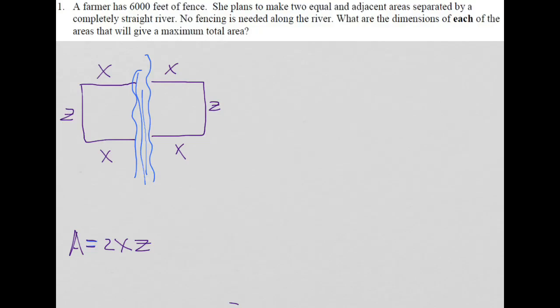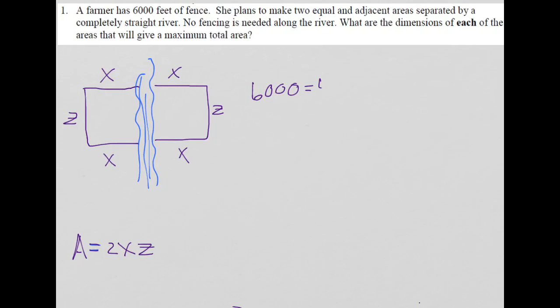So now we need to use the fact that we have 6,000 total feet of fencing, and going into that 6,000 feet, I'm going to have 4 x's and 2 z's. So I'm going to solve this for z, so I'm going to get 6,000 minus 4x equals 2z.